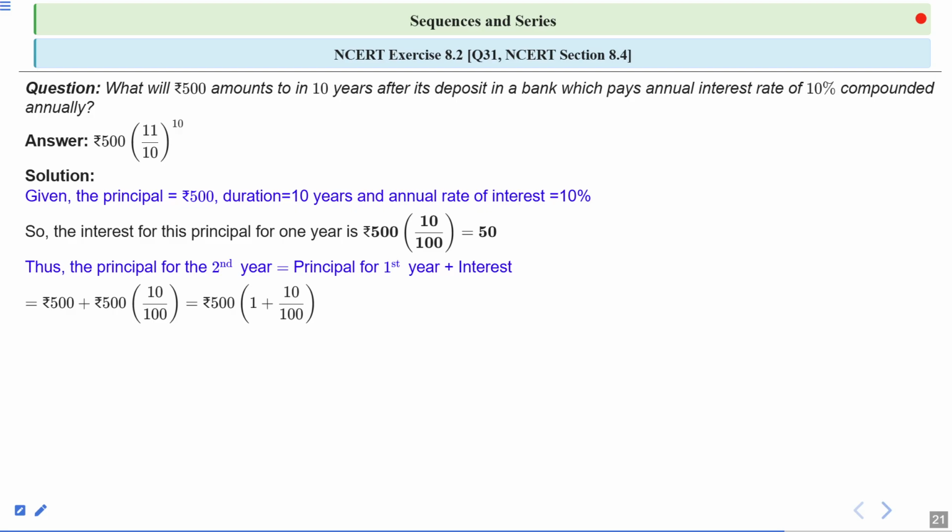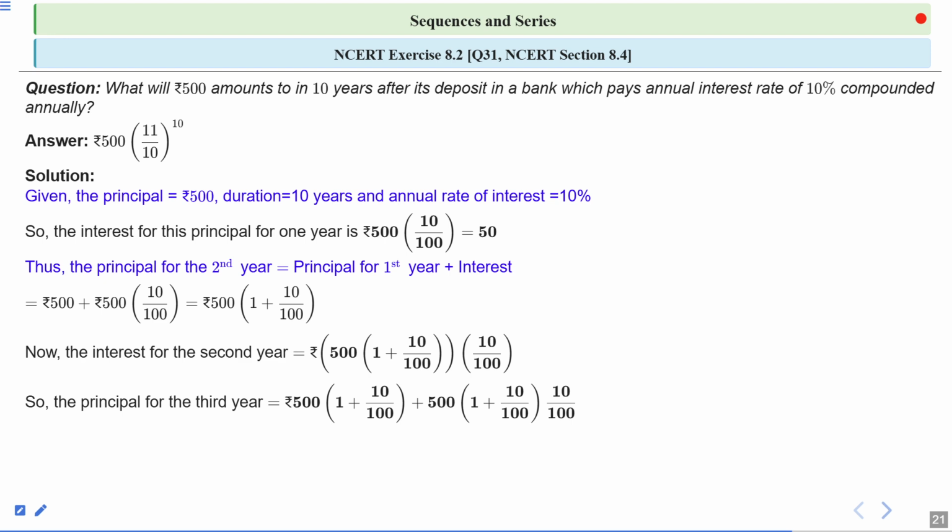So 500 plus 500 times 10/100; taking 500 common, you get 500 times (1 + 10/100). So now the interest for the second year is 500 times (1 + 10/100) times 10/100.